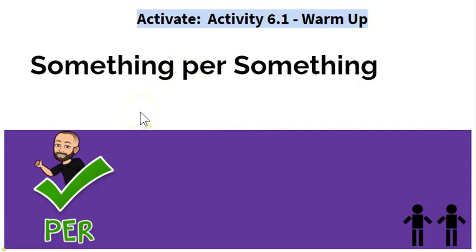So we talked about in the I can statements about unit rates. What does per mean? What is something that you've heard that said something per something? Probably heard something like gasoline at the gas station was like $1.79 per gallon.